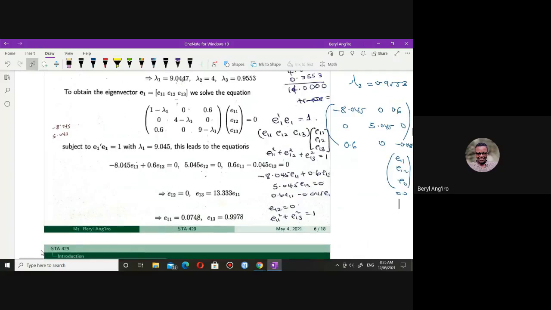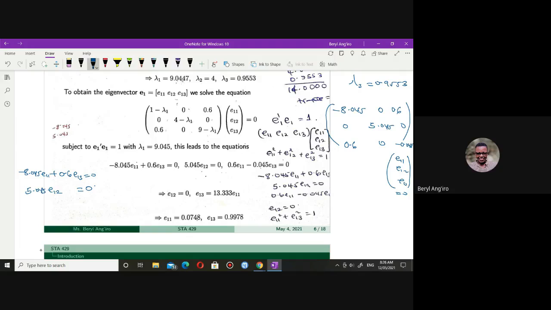Solving this equation, the first equation is negative 8.045 E11 plus 0 times E12, plus 0.6 E13 equals 0. Then the second row: 0, then negative 5.045 E12, and 0, which we equate to 0.